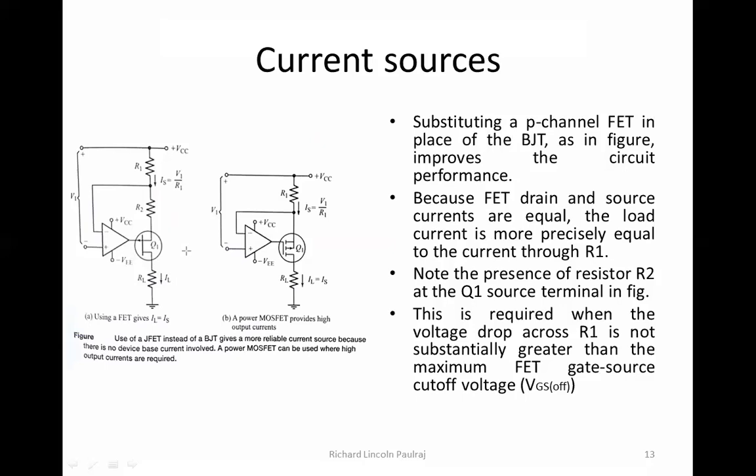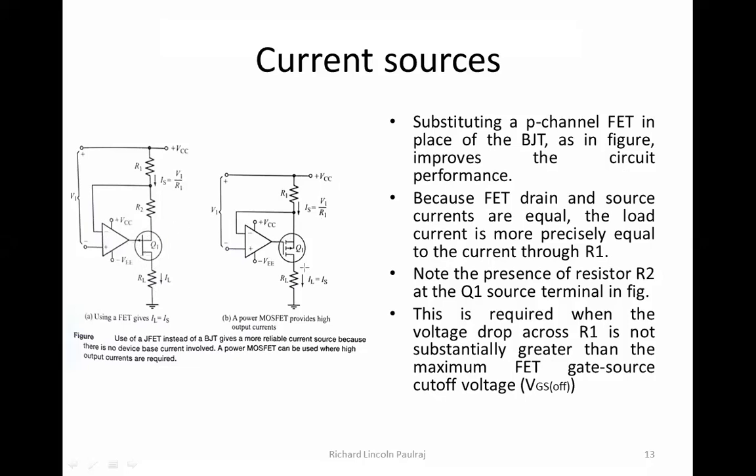PMOS is the P type of MOSFET, NMOS is the N type of MOSFET. So all this you would have seen. And just to recall a few concepts, MOSFET is metal oxide semiconductor field effect transistor, right? And BJTs are bipolar junction transistors. So we are looking at FETs here, field effect transistor, and a MOSFET.